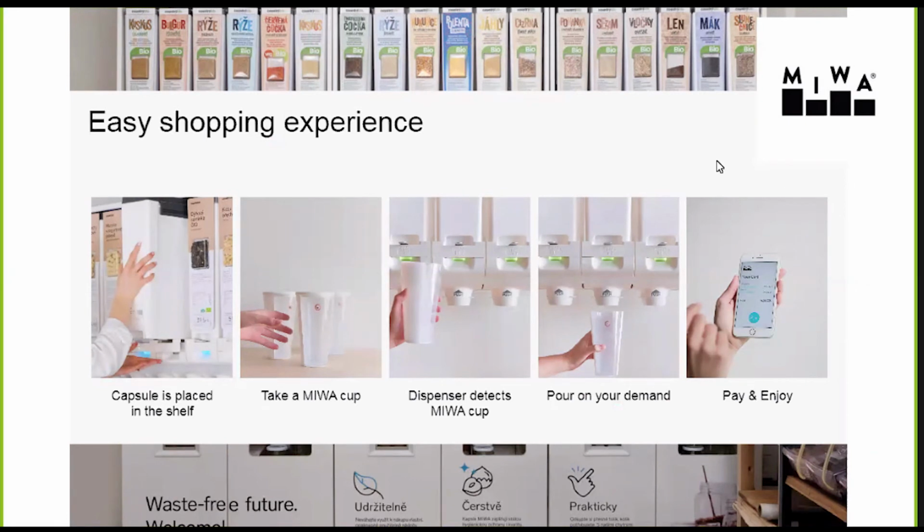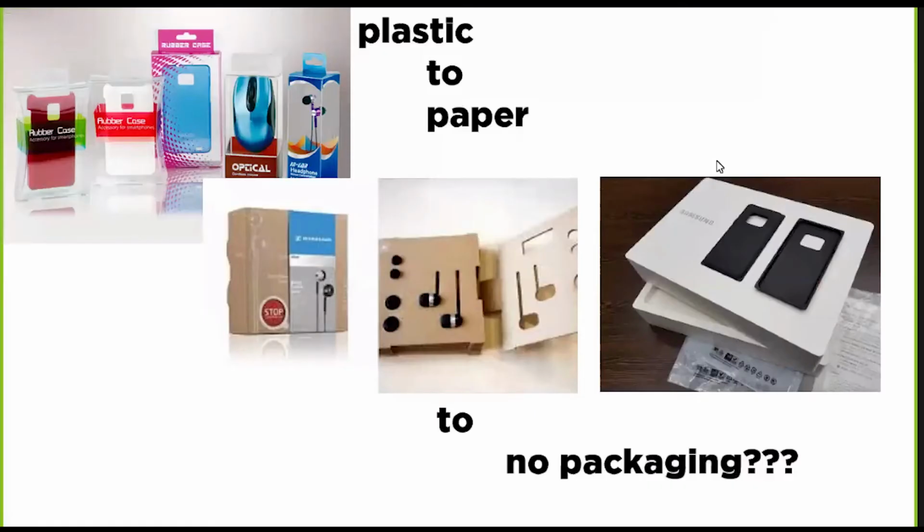The customer takes a Miwa cup that has a smart sensor on it that identifies the product that it's being filled with and how much, and then can pay directly from your phone. So this is an alternative system for delivering food to people in grocery stores, as opposed to having everything packaged separately. So there's some really cool examples for how people are addressing this issue. This was an award winner in the challenge a few years ago.